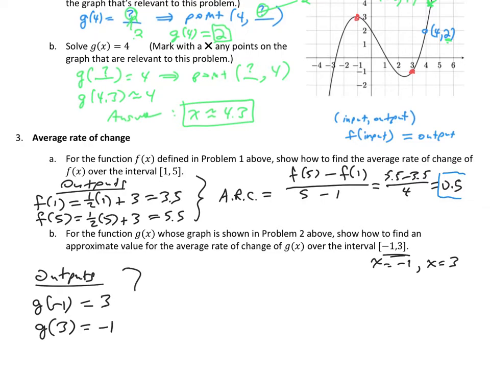My average rate of change formula says that I take my outputs, so g of 3 minus g of -1, and divide by the change in the inputs. The two inputs are 3 and -1.